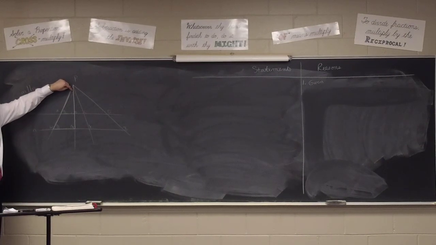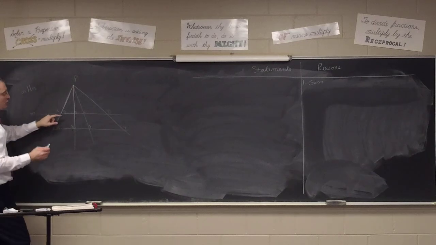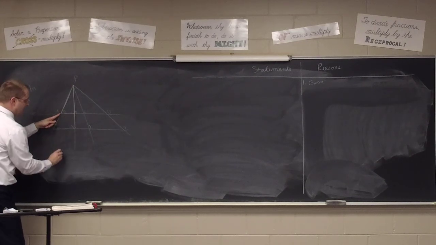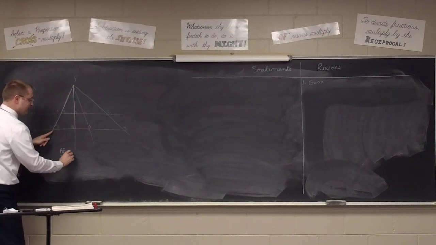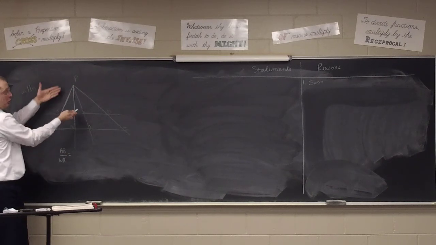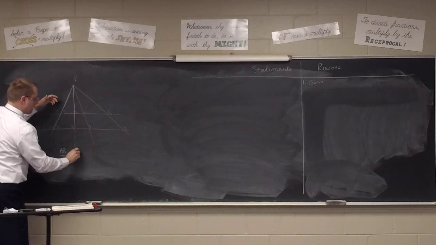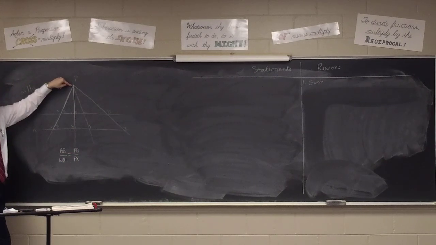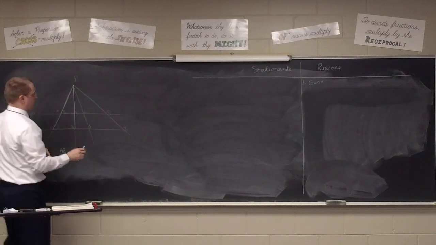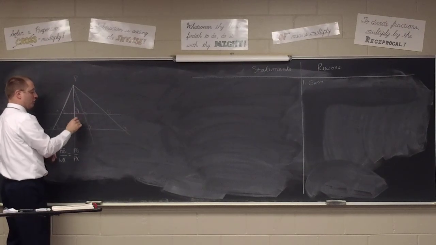If that's true, then this side, AB, is to this side, WX, as any other 2 corresponding sides. Let's just say PB is to PX, correct? CSSTP.